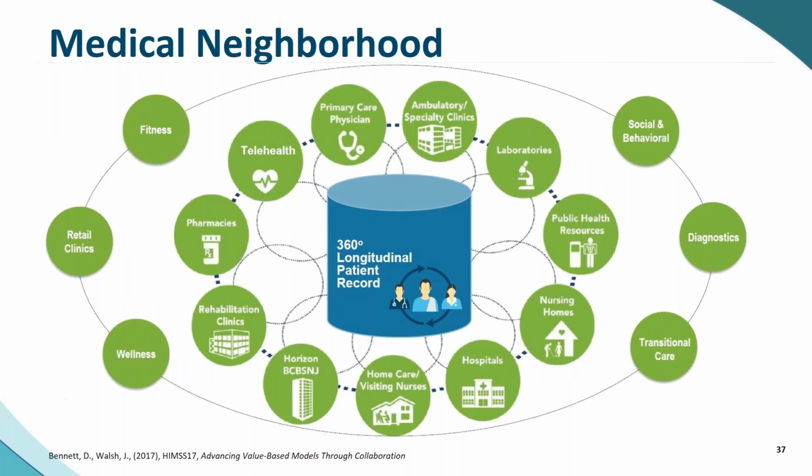So with an HIE that has deep penetration across a large geographical area, like the state of Ohio, that has a number of tools built within the HIE, and great data being contributed to it, you can truly build a medical neighborhood.